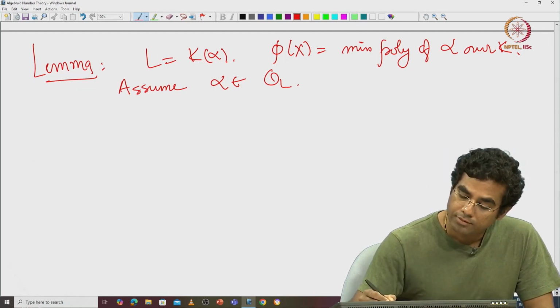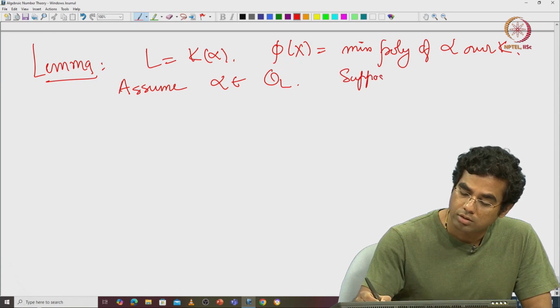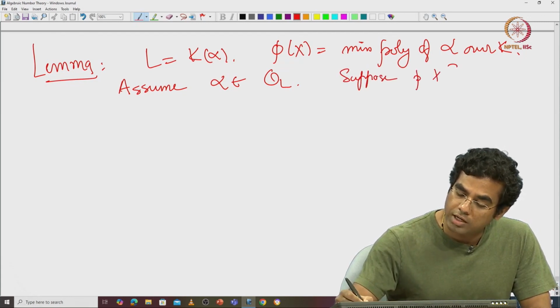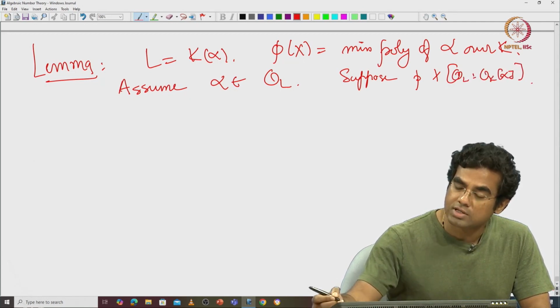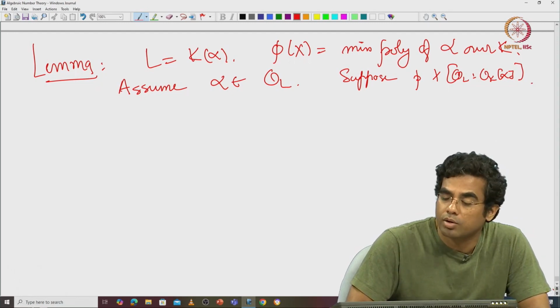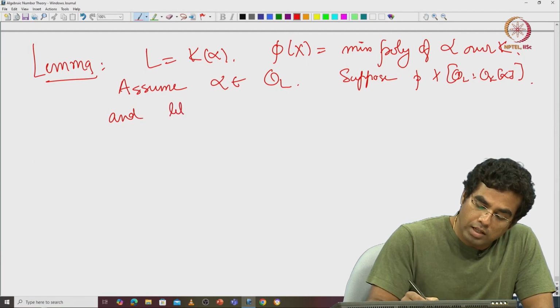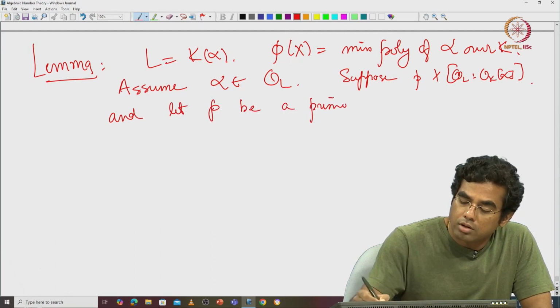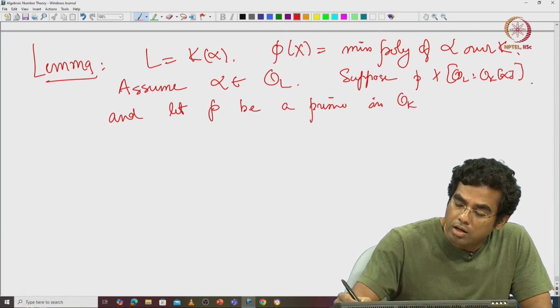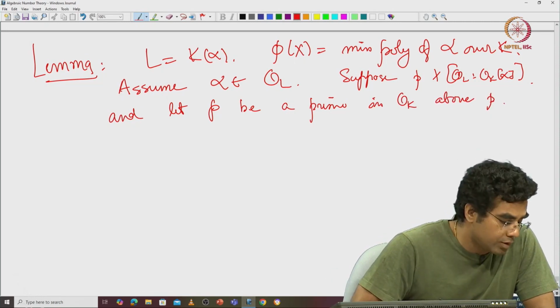Further, suppose p does not divide the index of O_K[alpha] in O_L. This is an extra condition that I was talking about. And let P be a prime in O_K above this rational prime p.